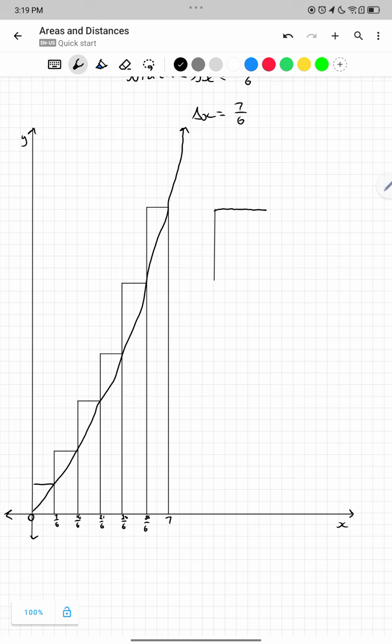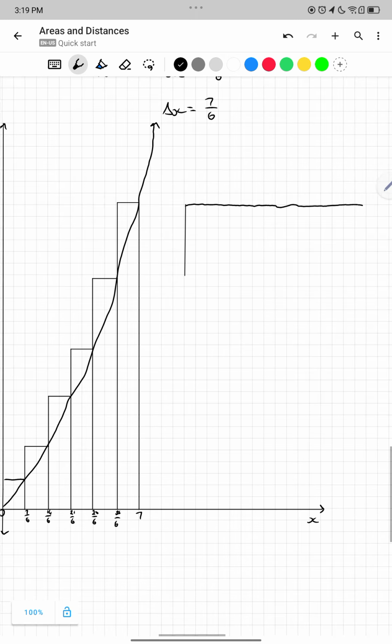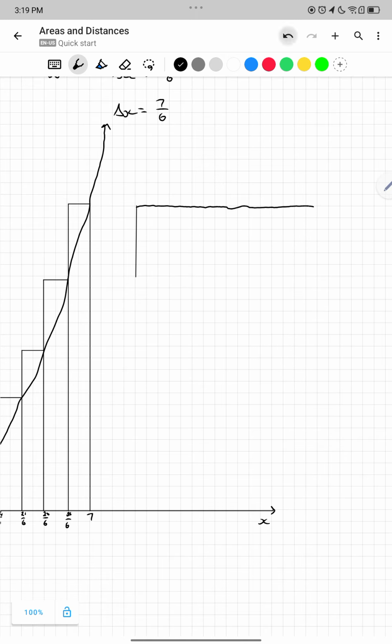Something like this. Okay, then we have 1, 2, 3, 4, 5, 6 sample points. Okay, let's just do this.